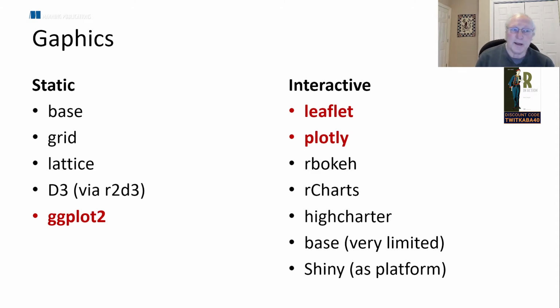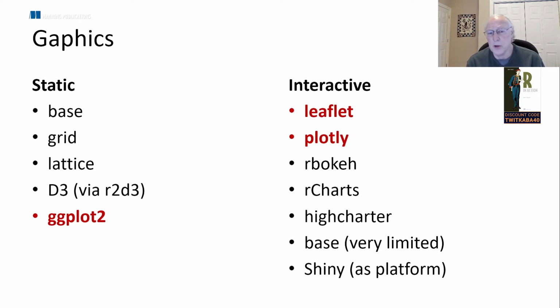If you want to create interactive graphs, graphs that you can interact with using a mouse, for example, mouse overs and brushing and connecting graphs together and that kind of thing, Leaflet for maps is very popular. Plotly is the other thing we'll talk a little bit about today.